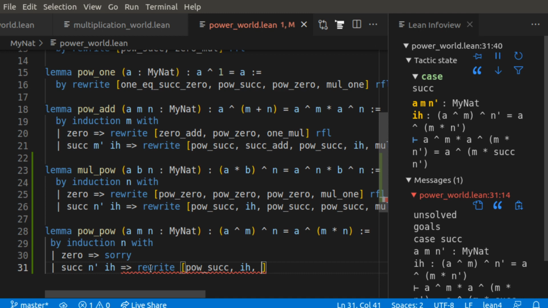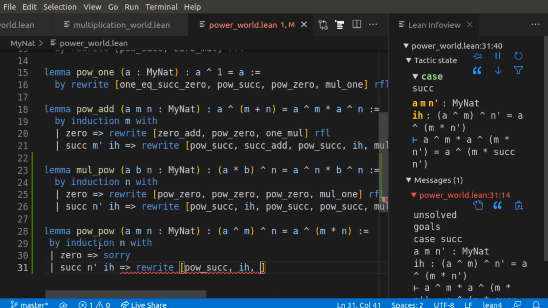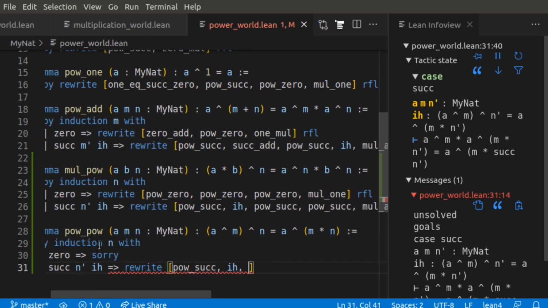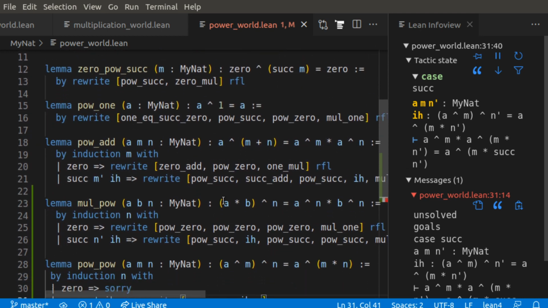We want to get that to A to the power of M times successor of N. So we want to combine these two. Is this pretty much, no, this is what we're trying to prove? Let's see, no. So we have A to the power of something times A to the power of something. We want to combine those somethings. What do we have for that?